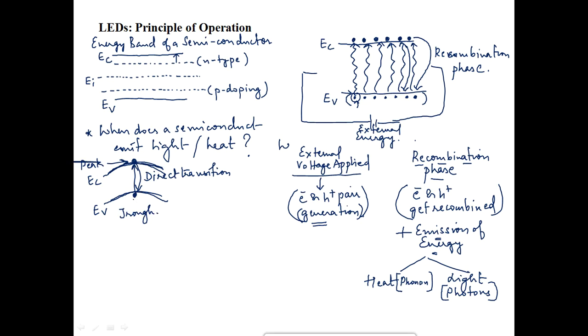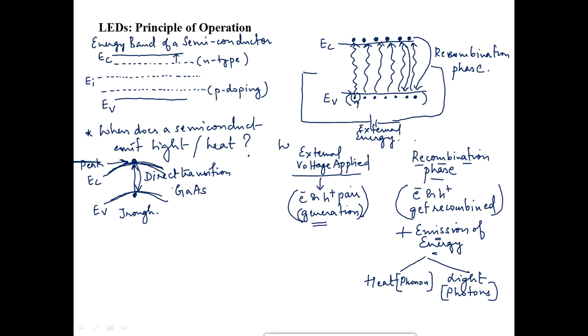So when the peak and the trough are almost at the same position, and a charge carrier makes a transition of such kind, we call it a direct band gap semiconductor. For example, gallium arsenide.